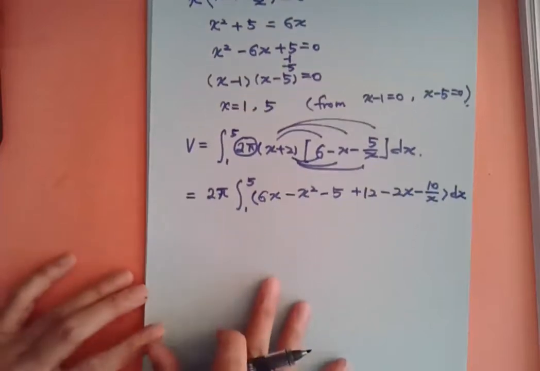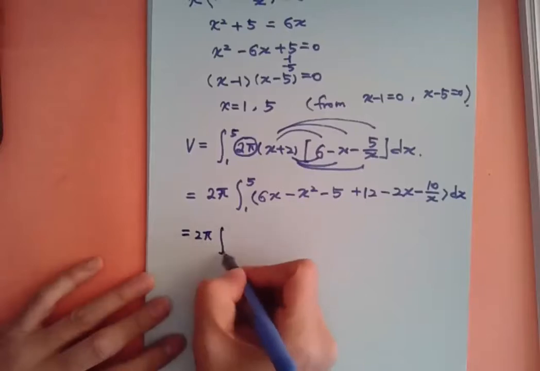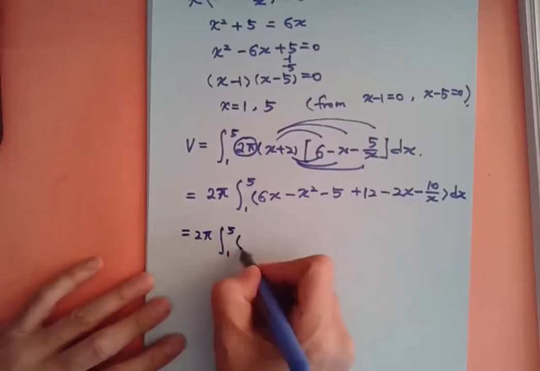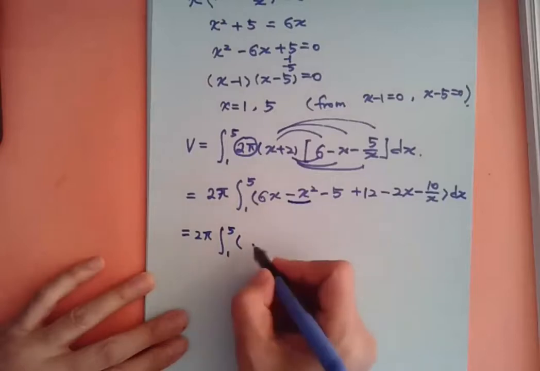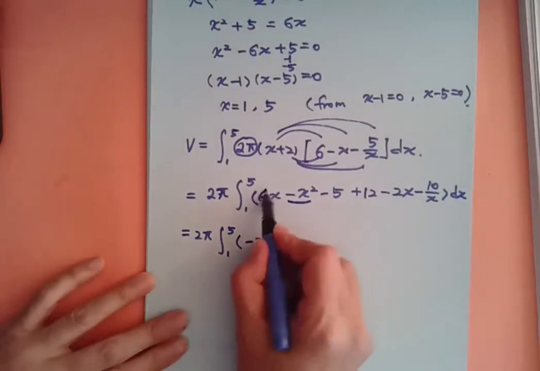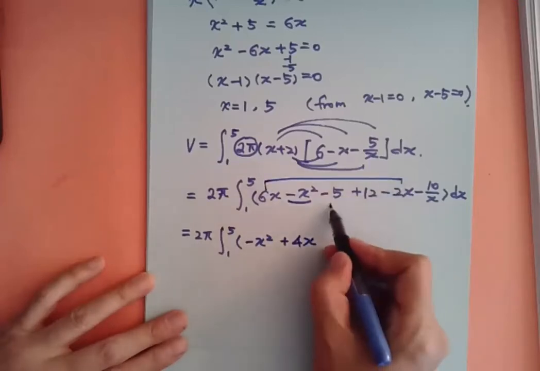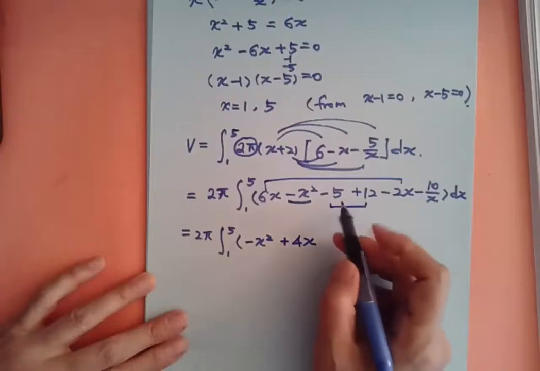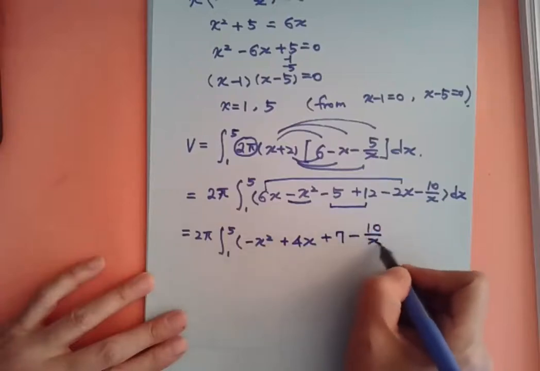Let's simplify a little bit. Then that is 2 pi integration 1 to 5. The largest degree term is minus x squared. And then 6x minus 2x can be combined to make 4x. And 12 minus 5 will be 7, minus 10 over x dx.